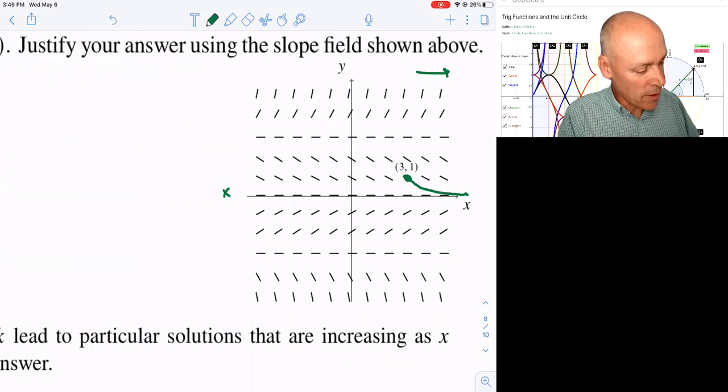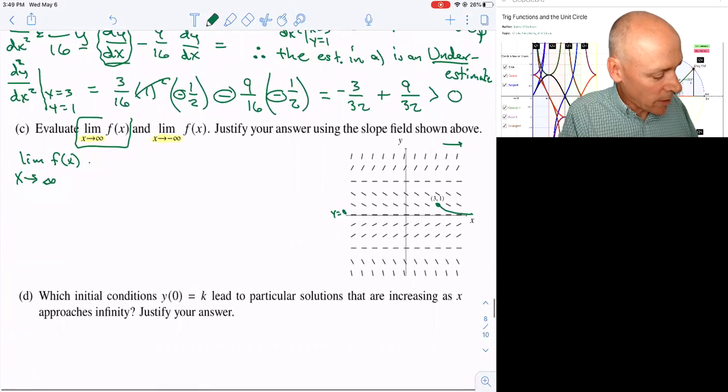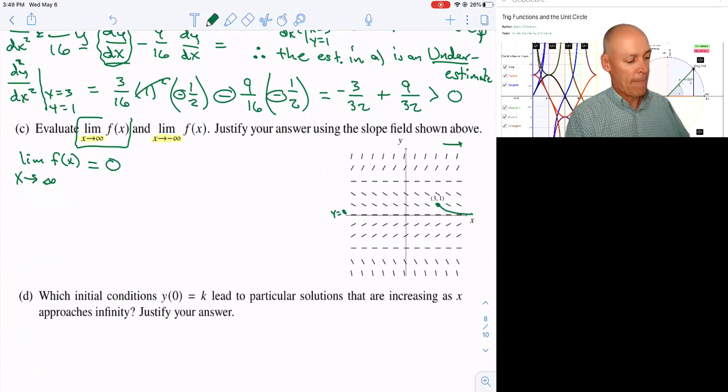I'm sorry, y equals 0. Okay, so that is going to be the answer to this limit expression. So all I did is I just kind of went to my point, and then I went to the right because x is going toward positive infinity. Not bad. It's not tough.